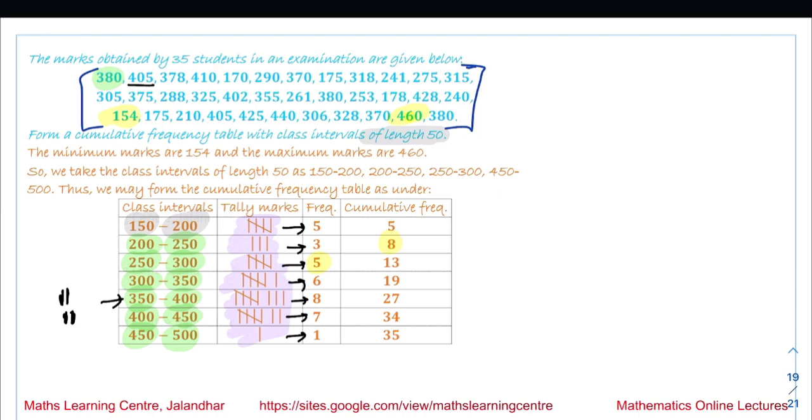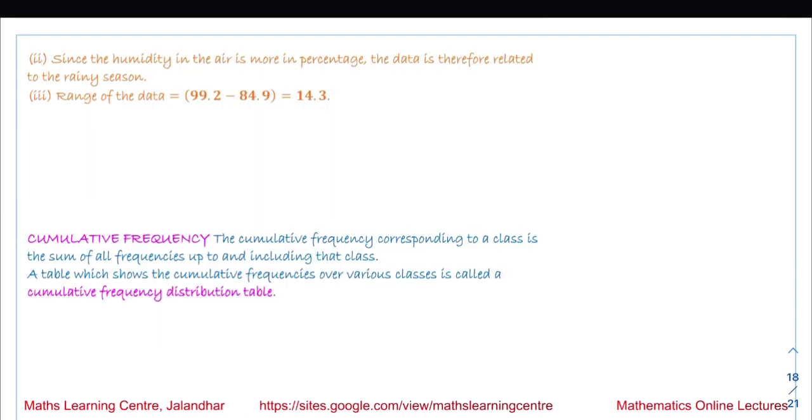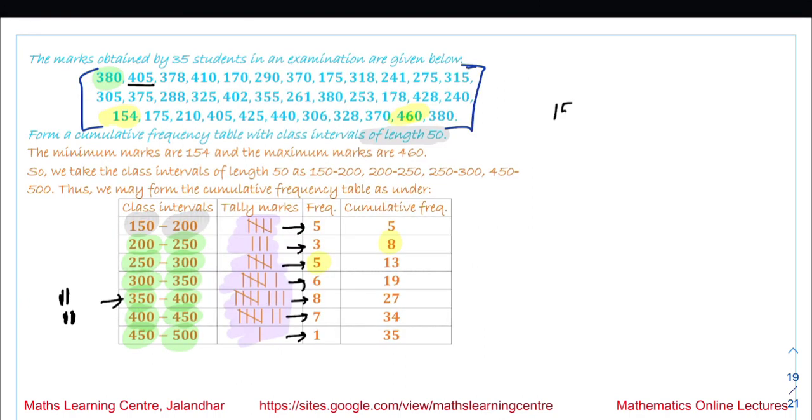Cumulative frequency means, as our definition said, the sum of all frequencies up to and including that class. If I am talking about the first class, 150 to 200, it is the sum of all the frequencies up to that class, meaning all previous frequencies. So the answer we write is 5.